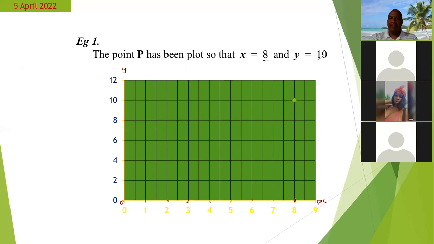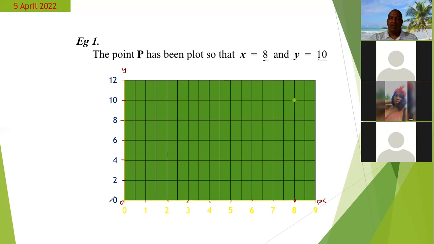Now on the y-axis, we want to move 10. On the y-axis, we are counting by 2. So we are moving 2, 4, 6, 8, 10. All right.